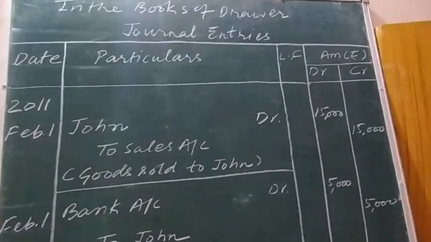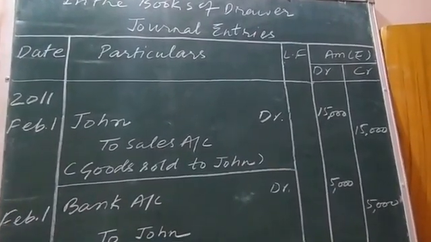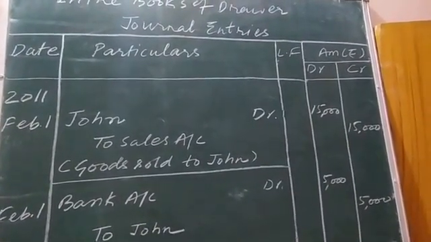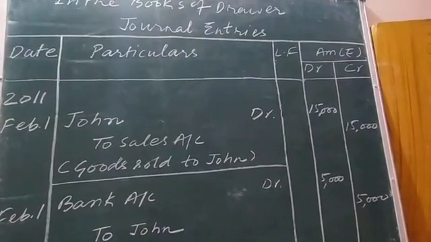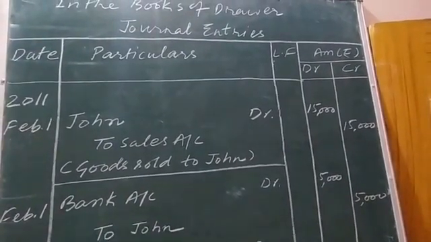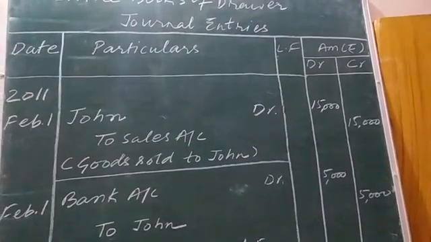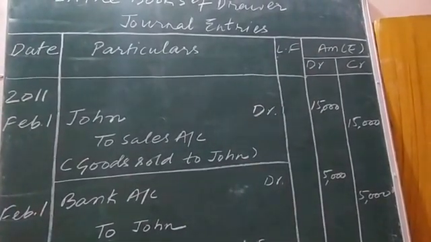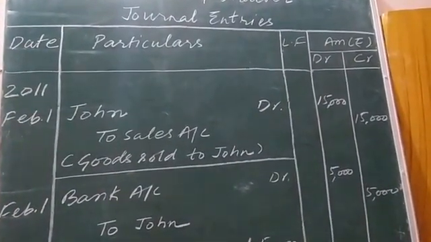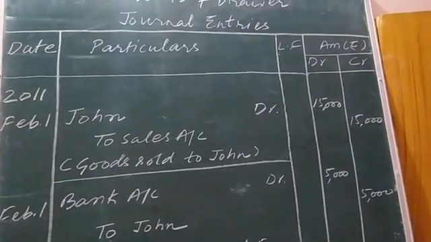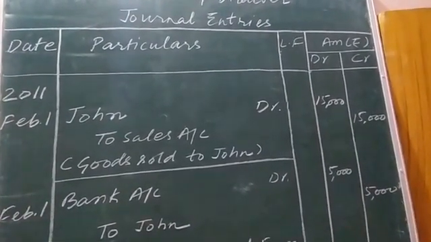One asset is increasing and will be shown on the debit side by the name of John, the debtor, and another asset is decreasing and will be shown on the credit side by the name of sales, according to the rules of debit and credit. And so is done here. The same thing is done here by passing the journal entry.